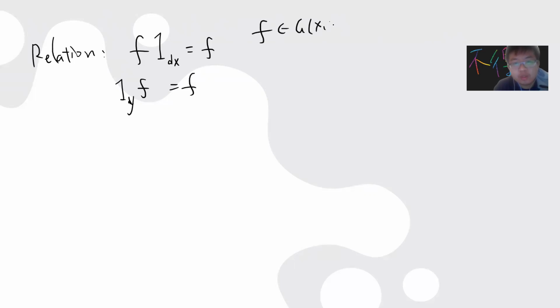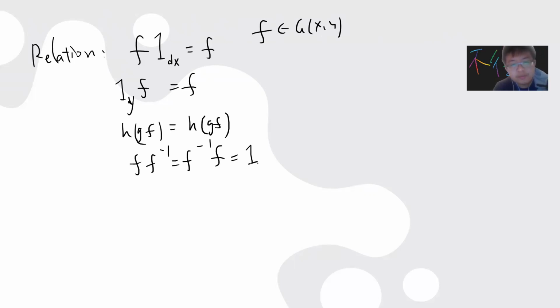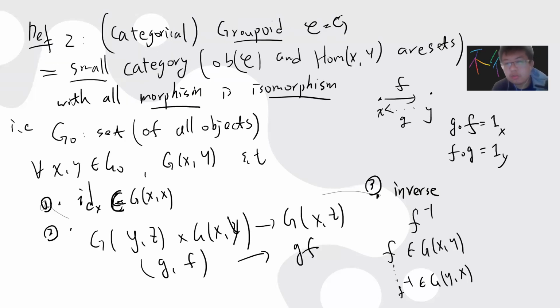Okay, and there is a relation such that f composed with the identity on X equals f, and the identity on Y composed with f equals f, where f belongs to G_XY. And also obviously you have this composite. This is the definition of a category, and then you have the inverse. Okay, so this is the category called groupoid.